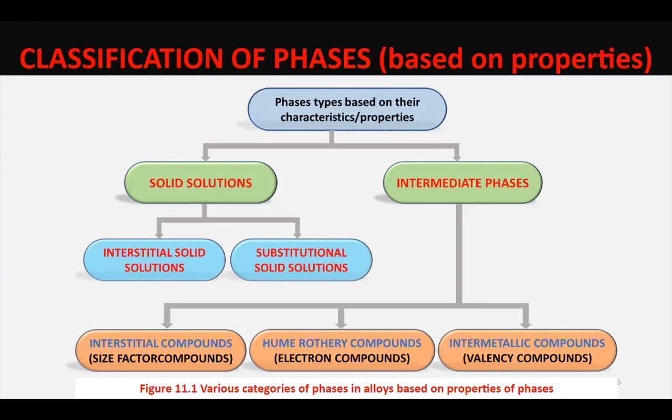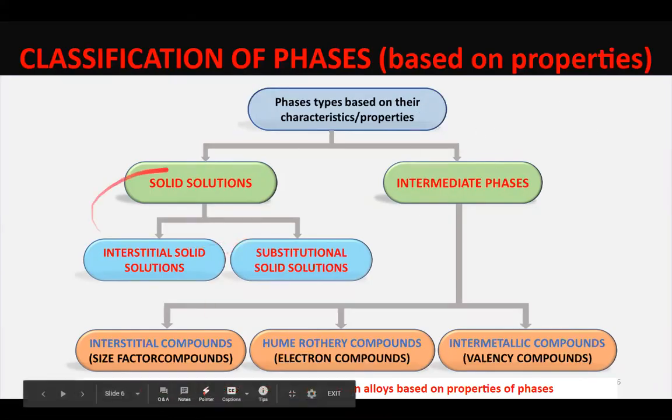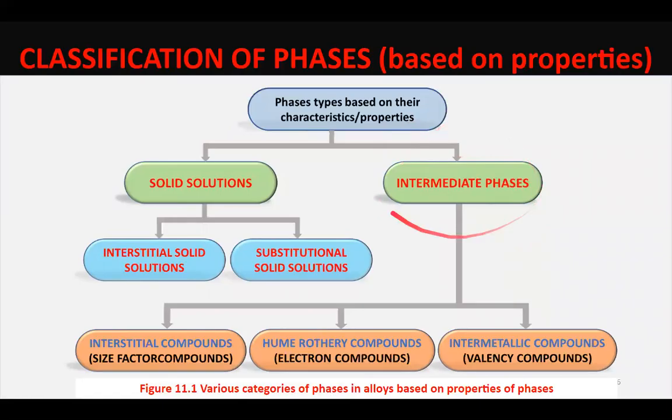Here we are doing classification of phases, and this classification is on the basis of the properties, the characteristics which the phases show. There are two main types of phases on this basis. One type is called the solid solutions, the other is called the intermediate phase, right? So solid solution is one type of phases and intermediate phases are of another type.